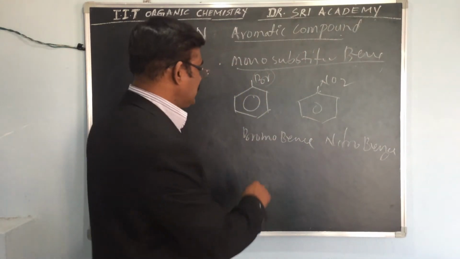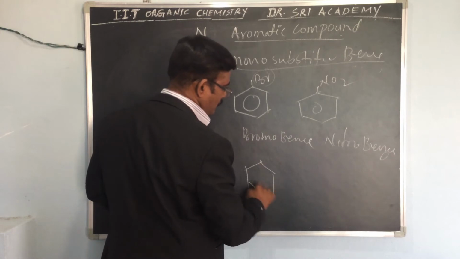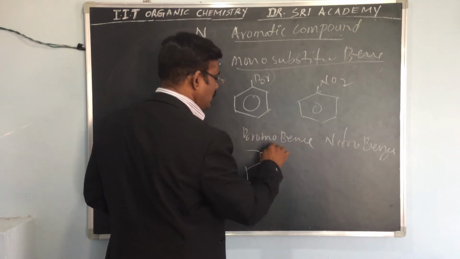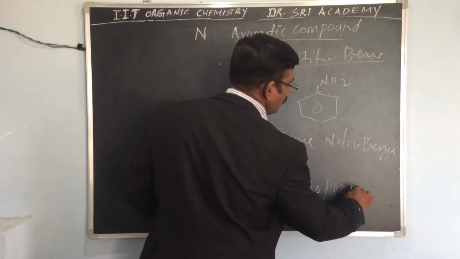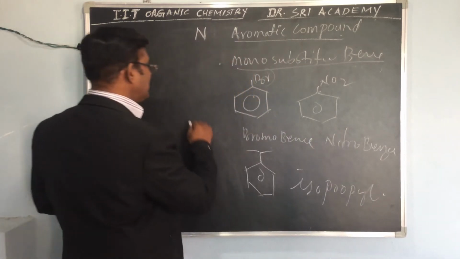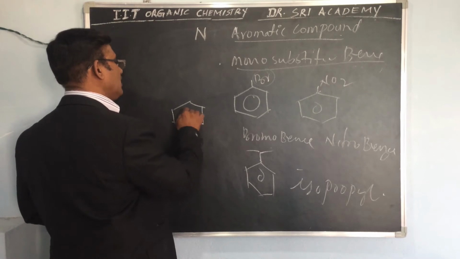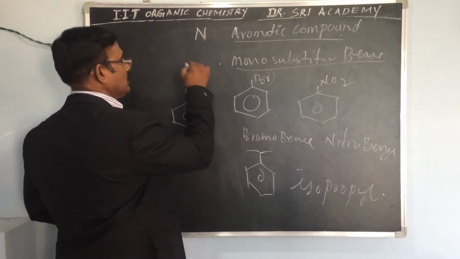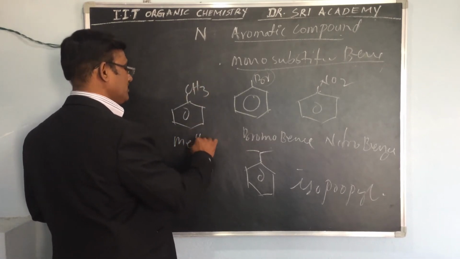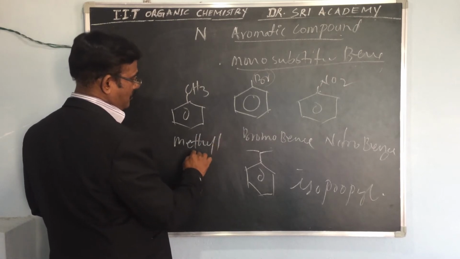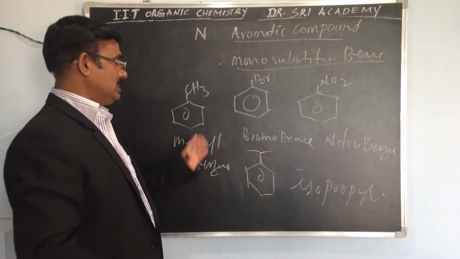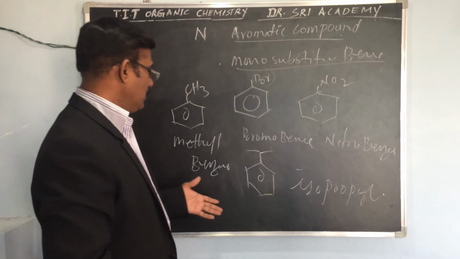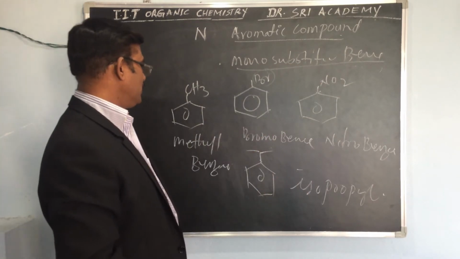If isopropyl is there, this is isopropyl benzene. Methyl benzene, for example, this is methyl benzene. Methyl benzene, bromobenzene, nitrobenzene, isopropyl benzene.